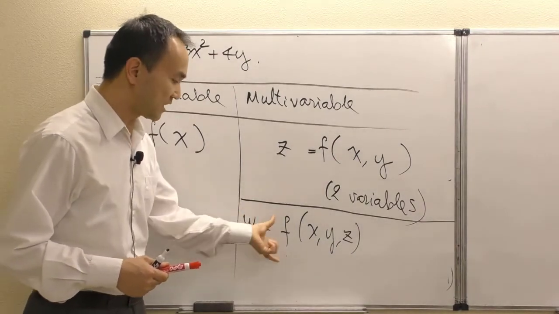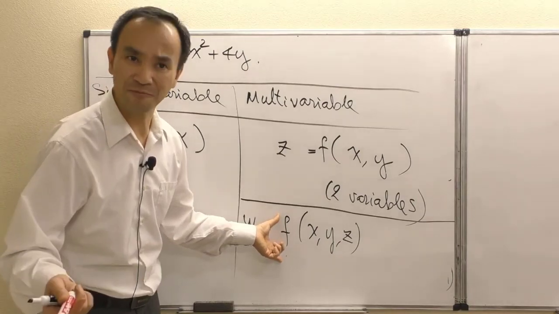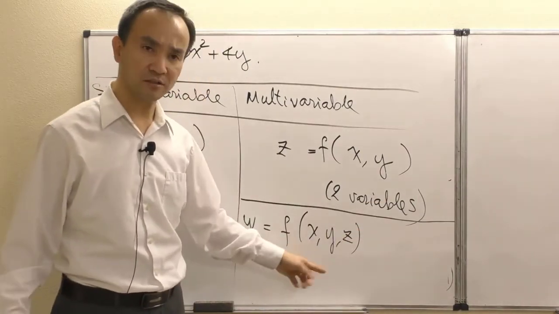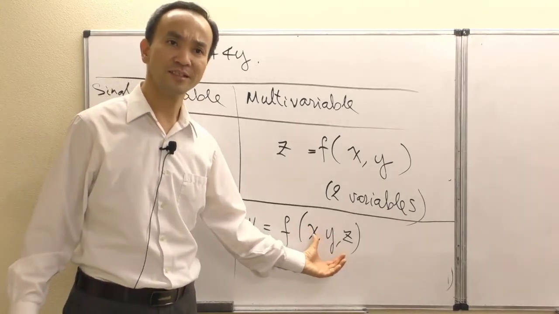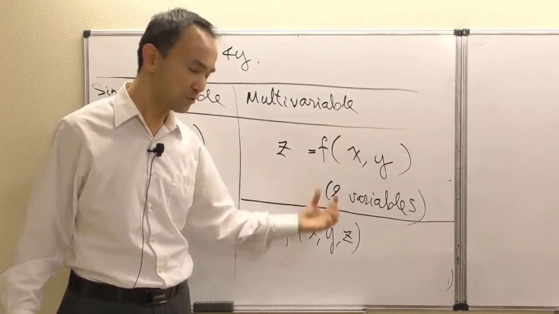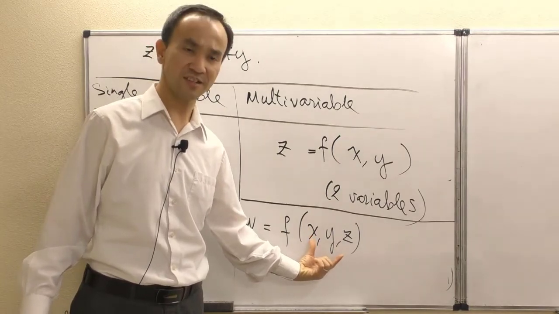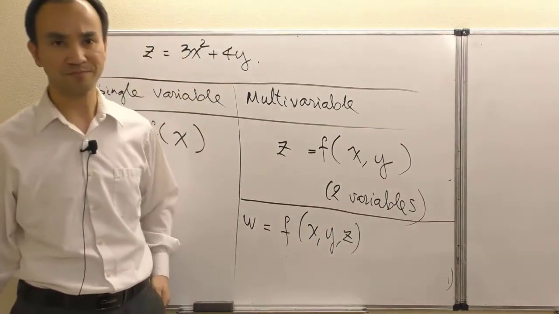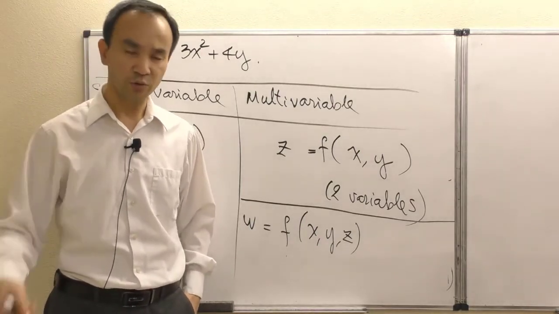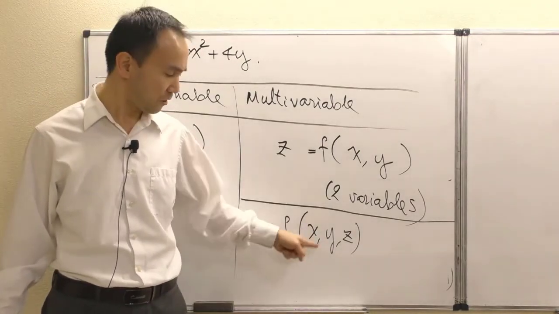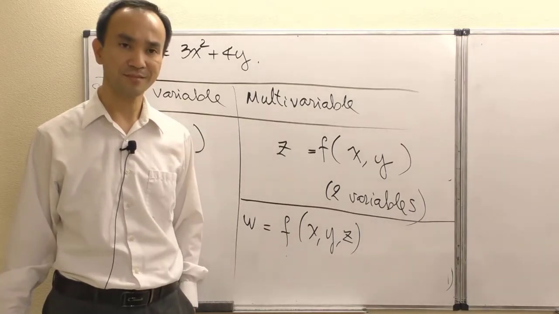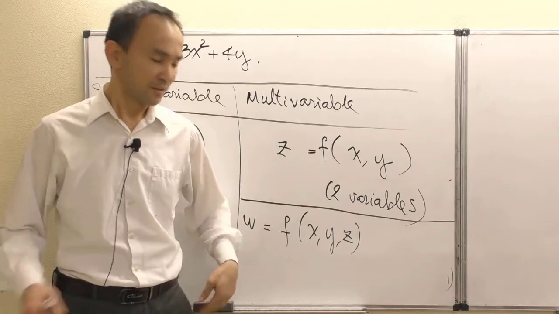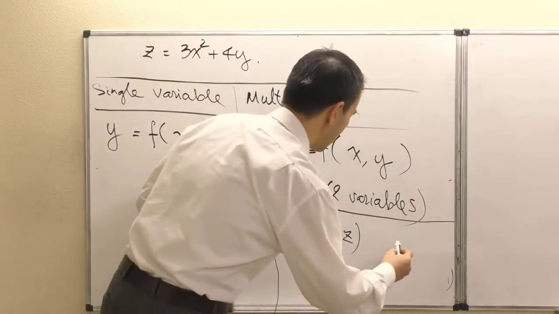The output is determined by the rule that we name f, and this rule f takes 3 variables. So instead of a pair of values, we have a triplet of values, a triple, the 3 values together, an ordered triplet. And so this is 3 variables.